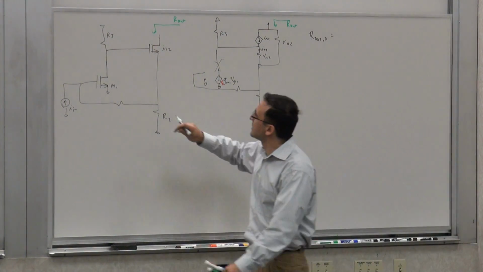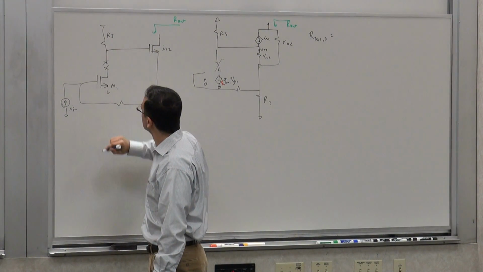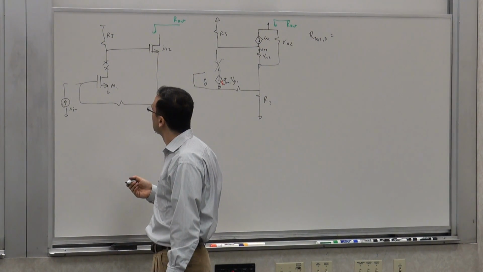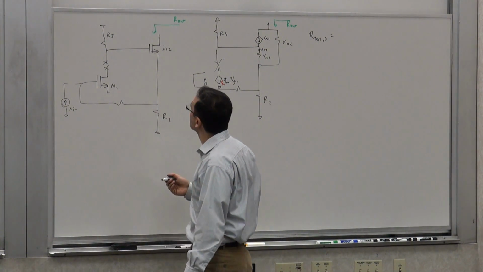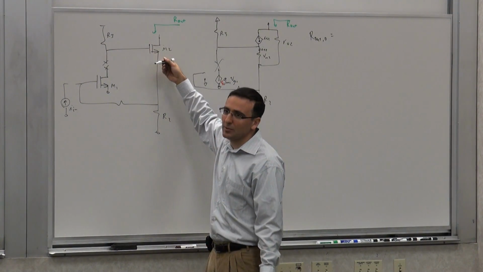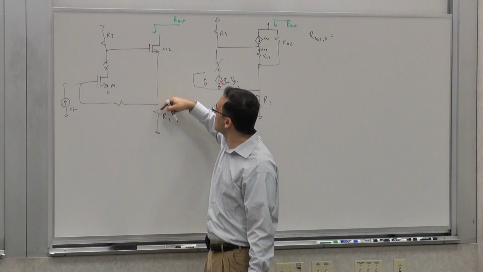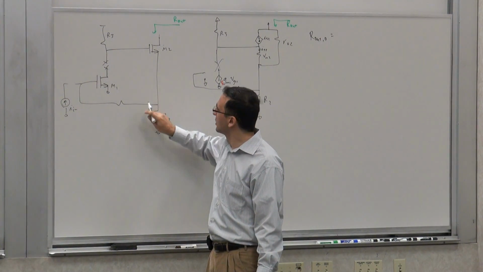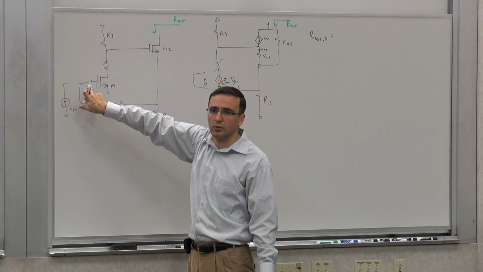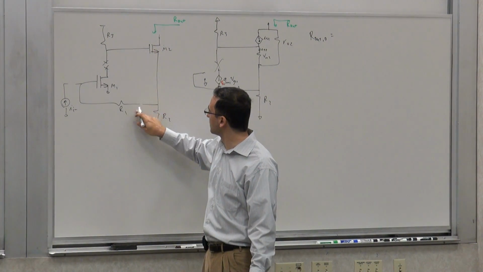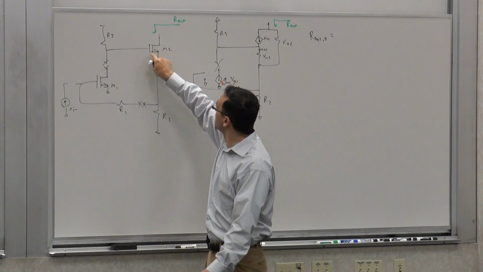If I eliminate this, and this is not there either, 1 plus GM2 R2. So what kind of stage am I looking at? It's like a common source with source degeneration, right? Because this is not doing anything. There's no current flowing in this direction, so this is not important. R1 is not important. You might as well take it out.